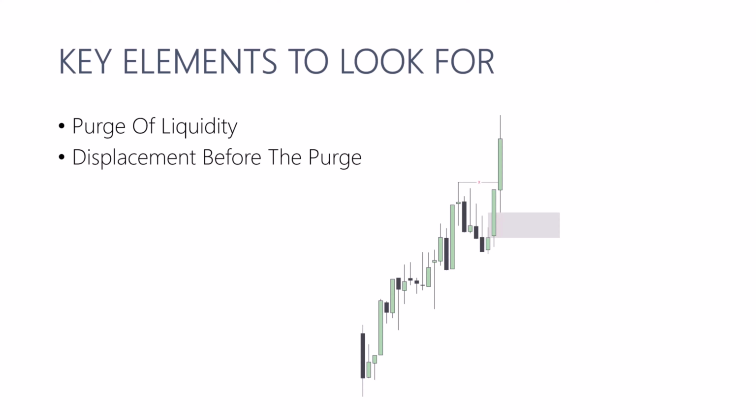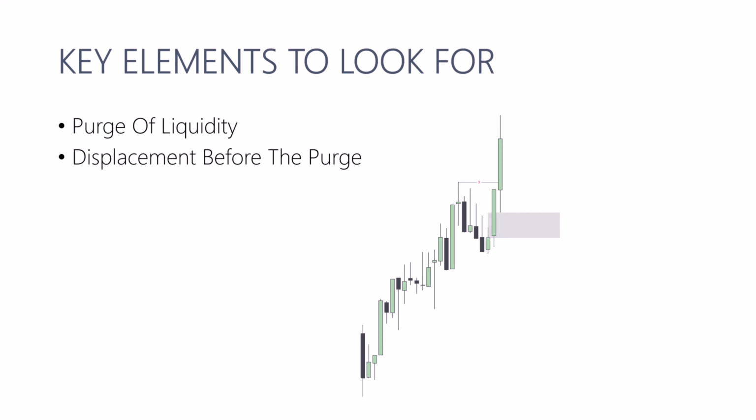Second of all, there should be a displacement before the purge occurs. You can see it on the charts on the right. There is a displacement or a bullish fair value gap that occurs right before we purge this liquidity.